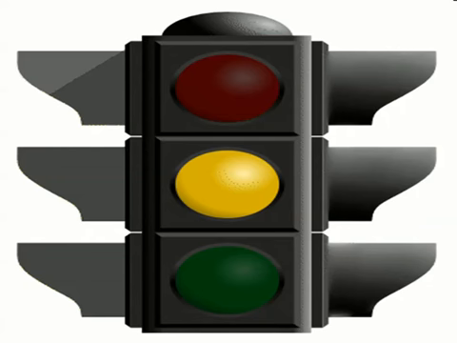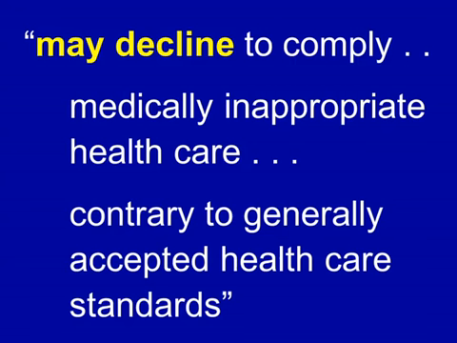Now, most places in the United States have neither a green light nor a red light, but they are yellow. It's just unclear in these cases whether or not doctors can stop the desired life-sustaining treatment without consent. And this is true even though many states have language in a statute, like California, which says you may decline to provide medically inappropriate health care or health care contrary to generally accepted standards, and you have immunity for doing so.